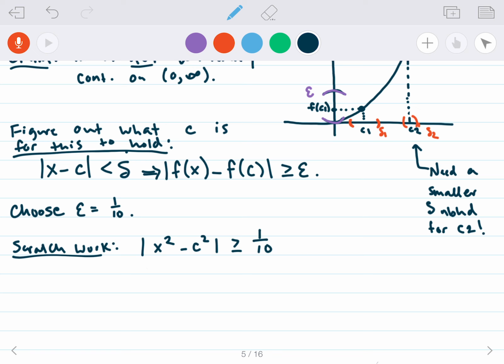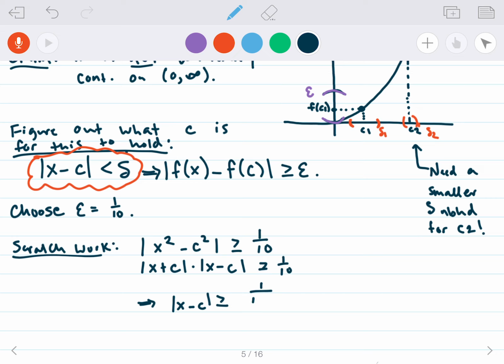And so we can do the difference of squares thing and say this is x plus c times x minus c greater than or equal to 1 over 10. And if I isolate my x minus c, because remember I have this up here that x minus c better be in my delta neighborhood for this hypothesis, I get |x minus c| is bigger than or equal to 1 over 10 times |x plus c|.